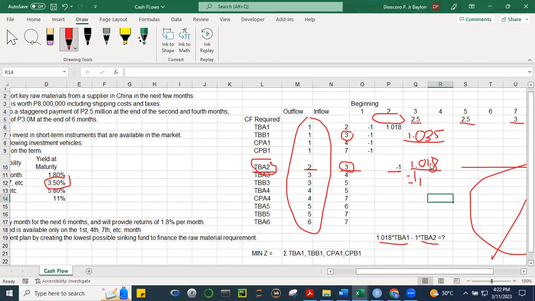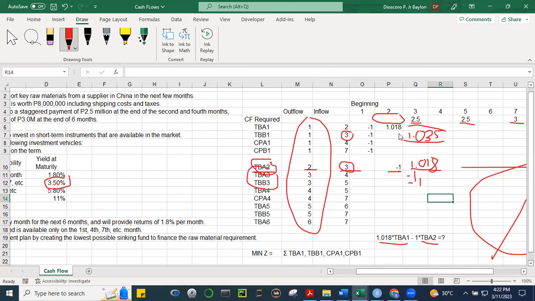Solver will then decide whatever we get here, whether we invest it in TBA3 or TBB3. It does not mean that what we get from TBB will be solely invested in TBB, because these are now different investments, a different security. As far as TBA1 is concerned, it already matured in month 2. It's already closed. It's already quote-unquote dead.